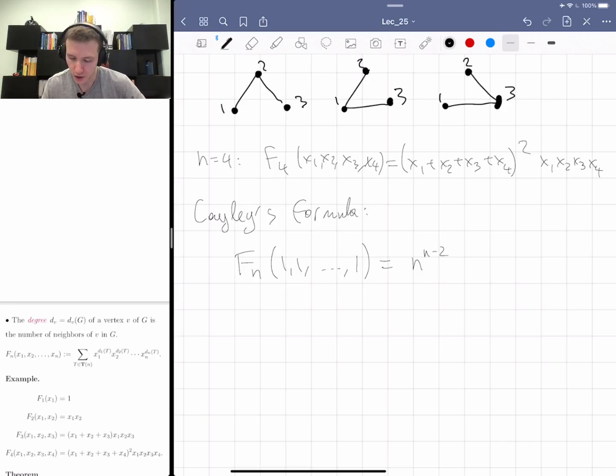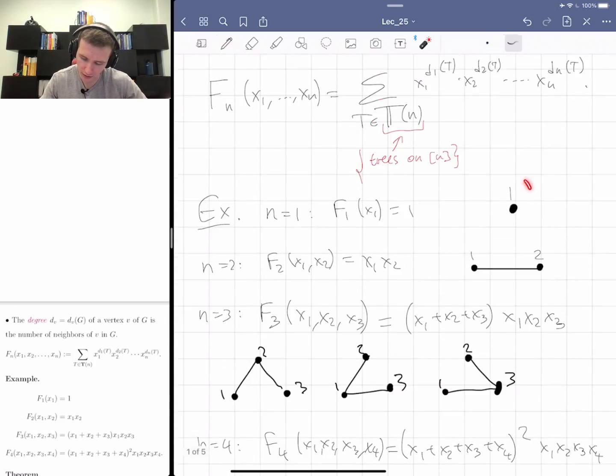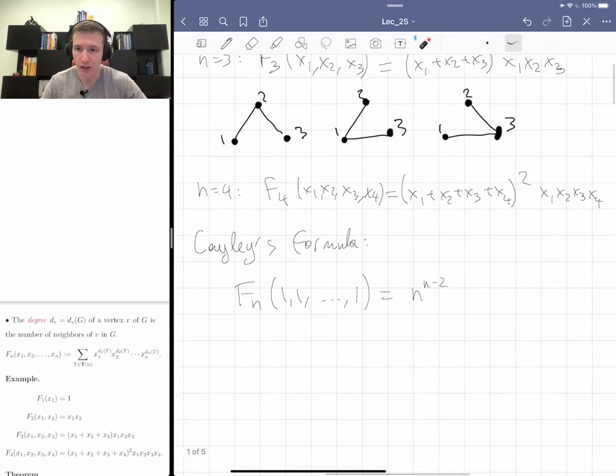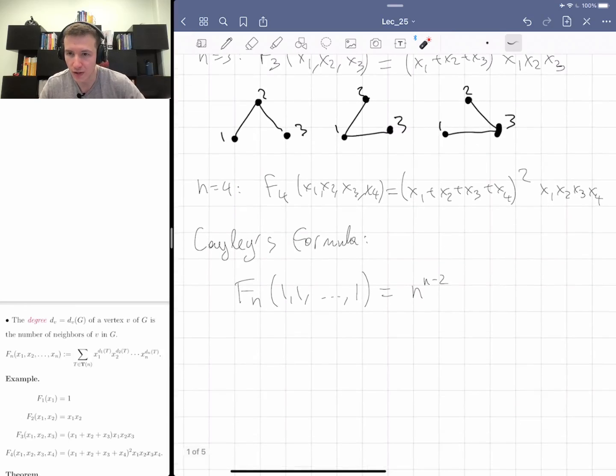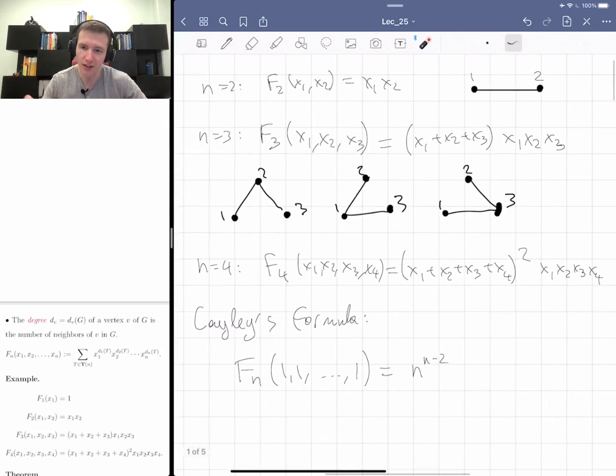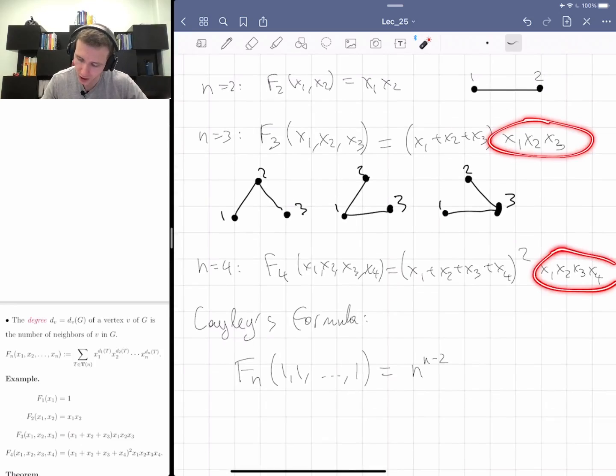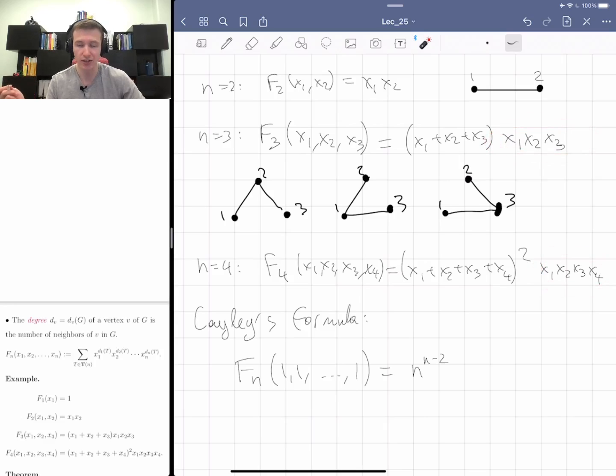Every node has at least 1 degree, well, except for this case here. Anyways, I guess this is sort of an exception. Why can I factor x1, x2, xn out of the right-hand side sum for n equals 3 and n equals 4? Here you see there is an extra monomial, which you can explain by the fact that a tree is connected, so there are no isolated vertices, and in particular every degree is at least 1.